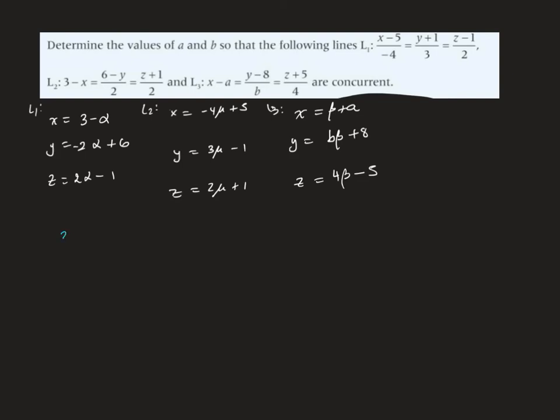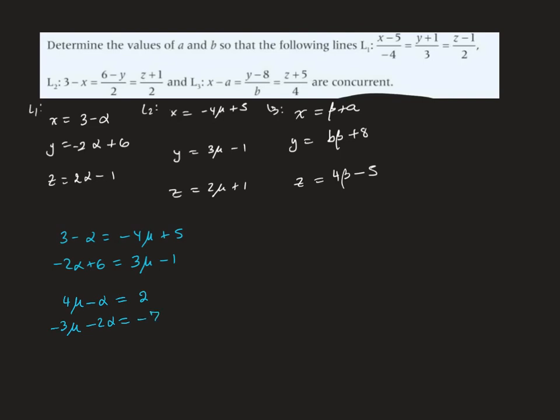So in this case, 3 minus alpha should be equal to minus 4 mu plus 5, and also minus 2 alpha plus 6 should be equal to 3 mu minus 1. Let's organize them: 4 mu minus alpha equals 2 and minus 3 mu minus 2 alpha equals minus 7.